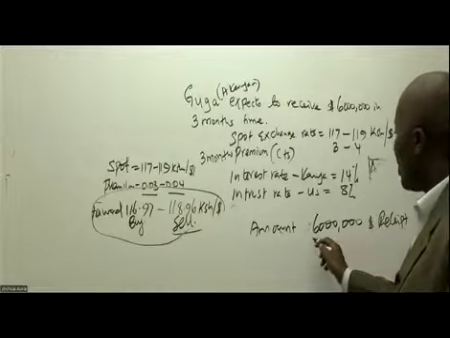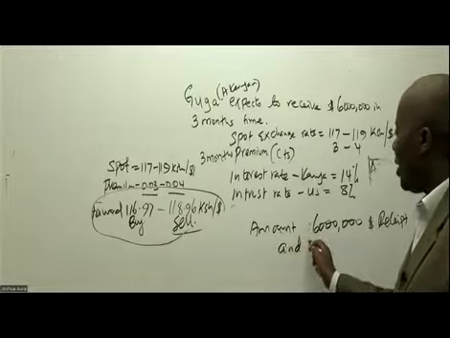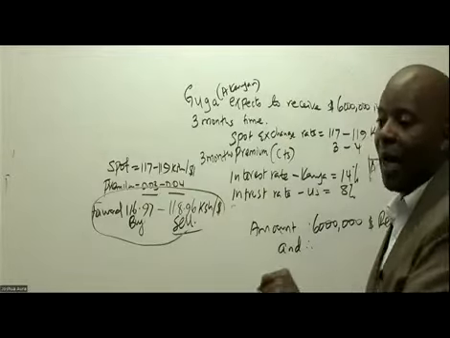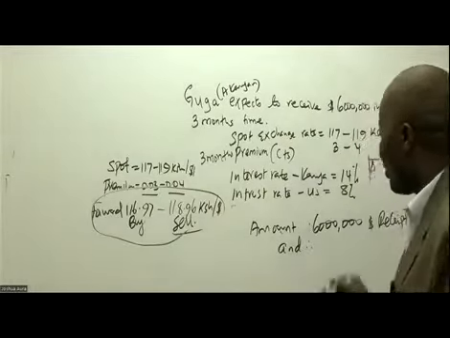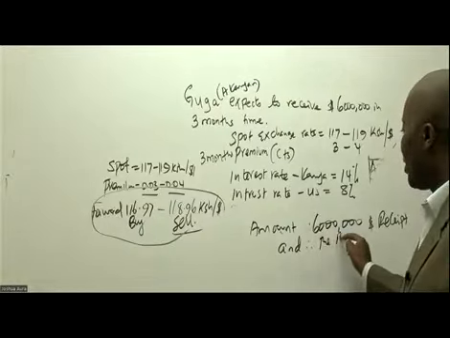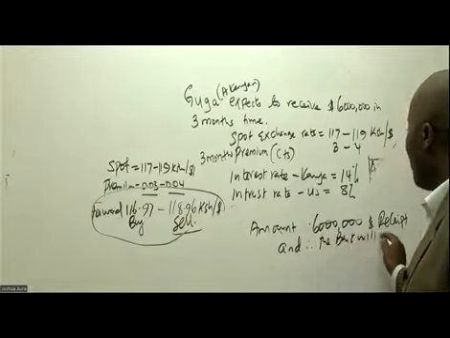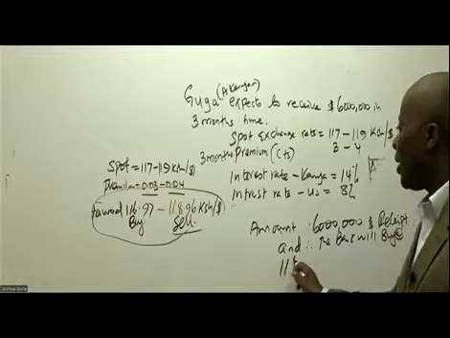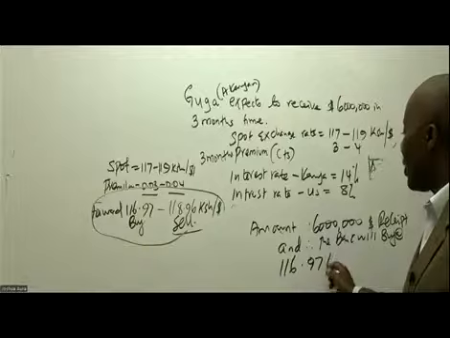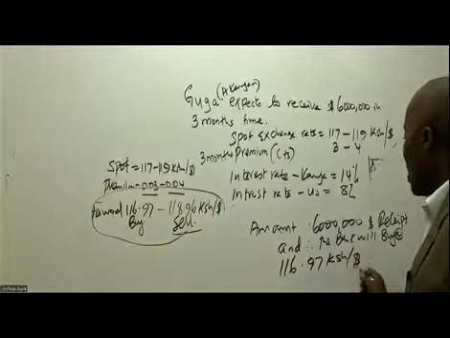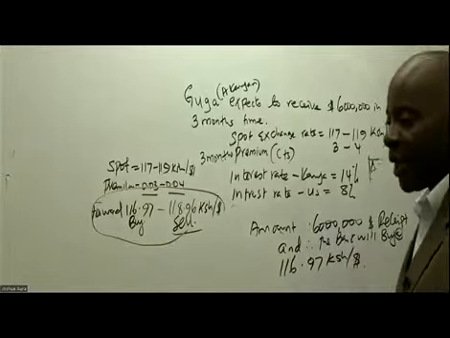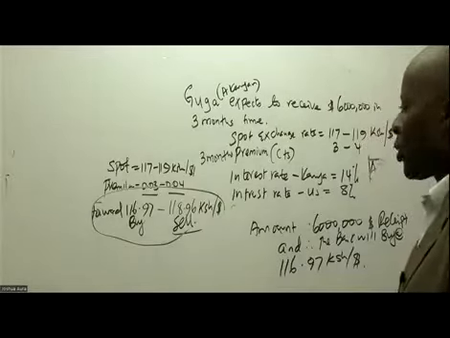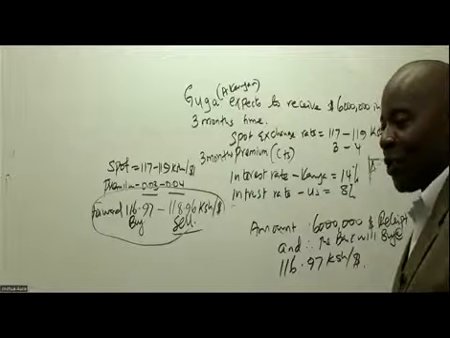And therefore, we know that if it's a receipt, the bank will buy. At what rate? At 116.97 Kenya shillings per dollar.